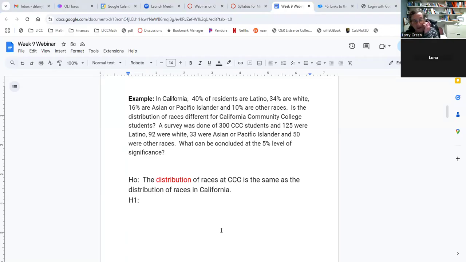And I want to remark that I'm highlighting the word distribution. So for some reason, if you can't see the highlight, I'm going to say it this way. The distribution of races at California community colleges is the same as the distribution of races in California. Why do you think I yelled that word? And I've done this before in the webinars.